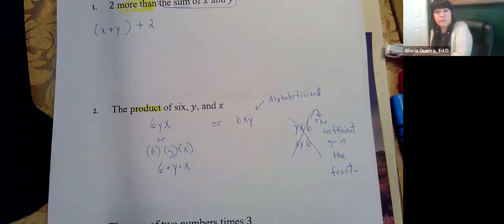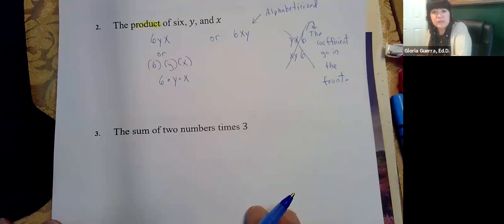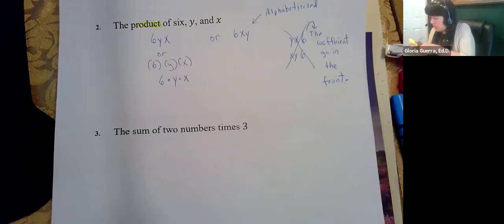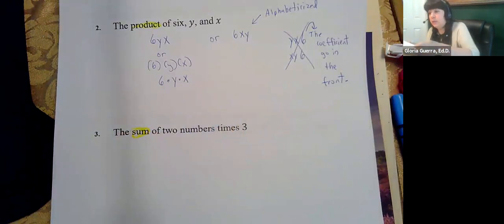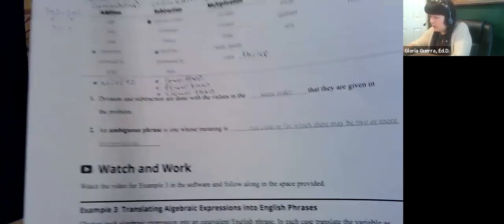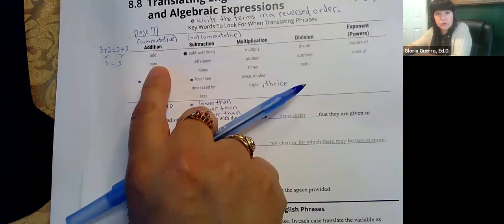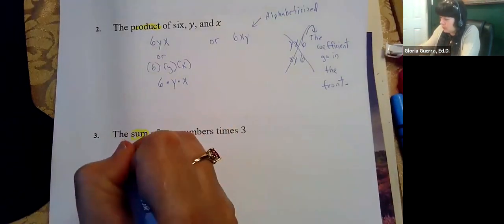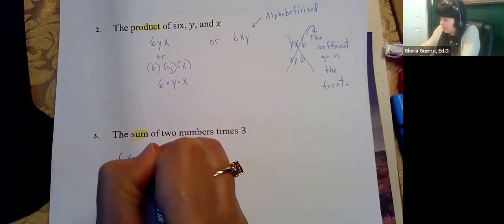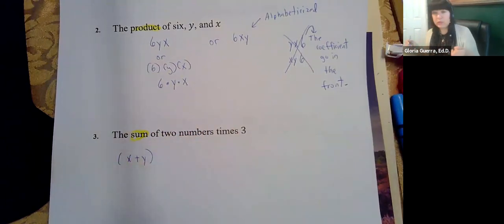Okay, on the bottom, the sum of 2 numbers. Sum means to add, right? So sum it, and you write it in a straightforward order. I'm going to just use 2 letters, x plus y. They didn't tell us what letters to use at the very beginning.